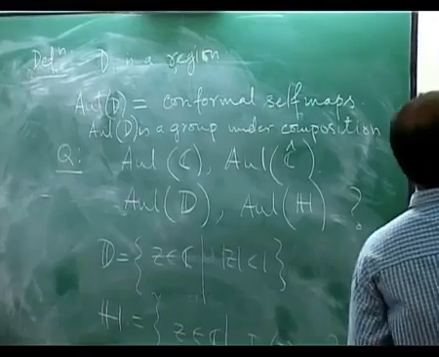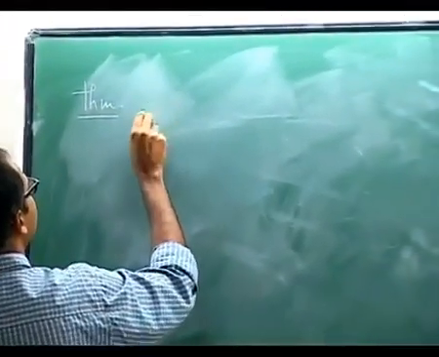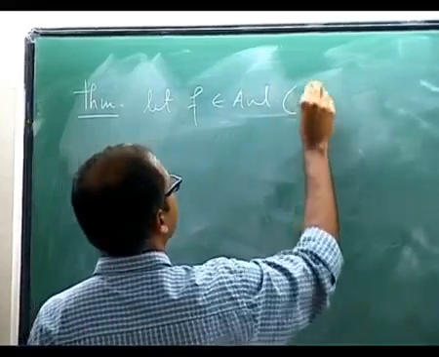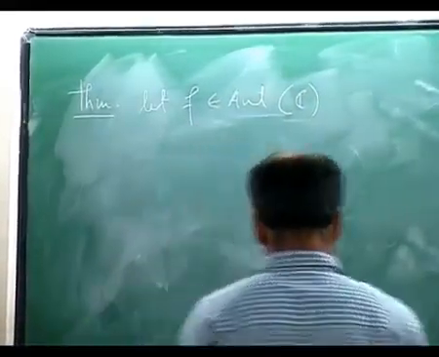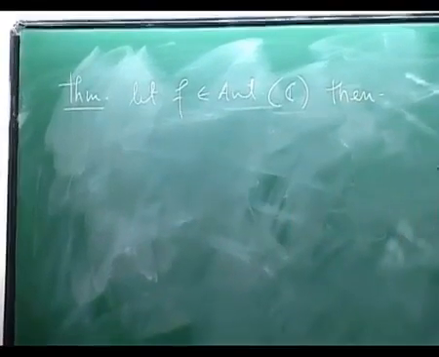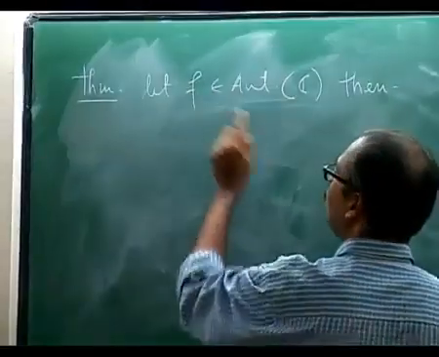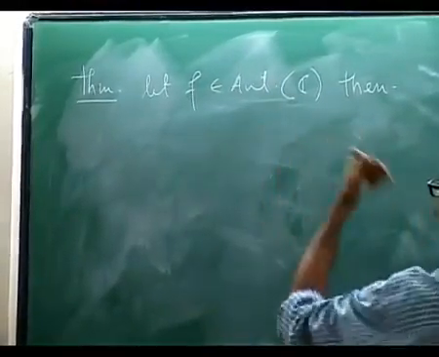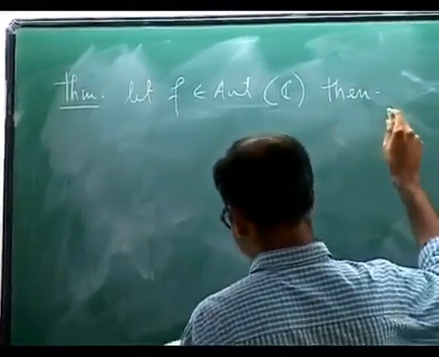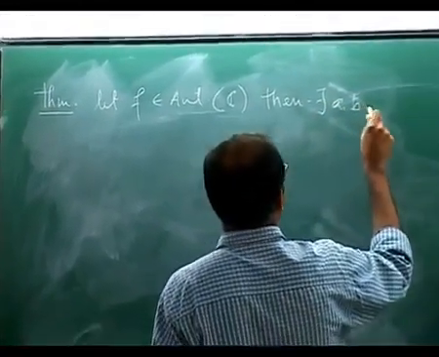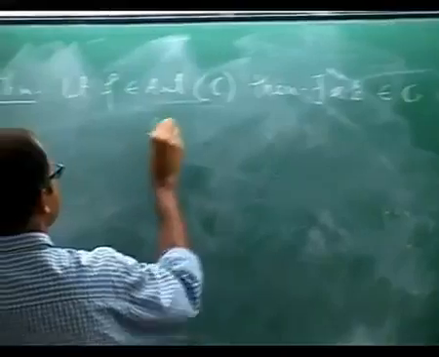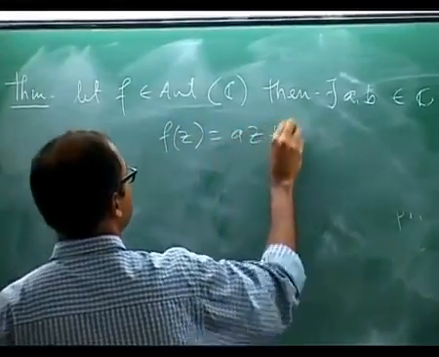So the first step is to prove a theorem like this. So if I have a holomorphic map and it is 1-1 and onto, then there exist a, b complex numbers, a not equal to 0, such that f(z) is az plus b.